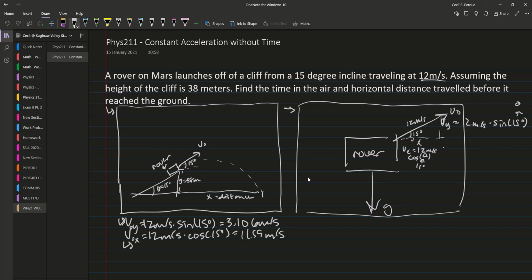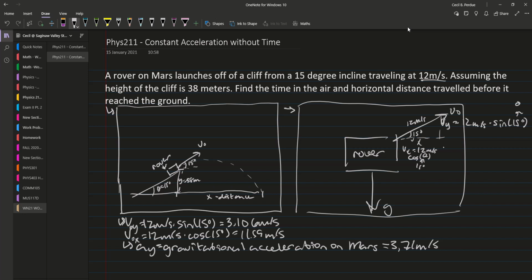We know that the acceleration in the y direction, or the gravitational acceleration on Mars, by looking at outside resources, we can see that this is going to be equal to 3.71 meters per second squared. So then, using the information we have, we're going to be able to actually solve for it.